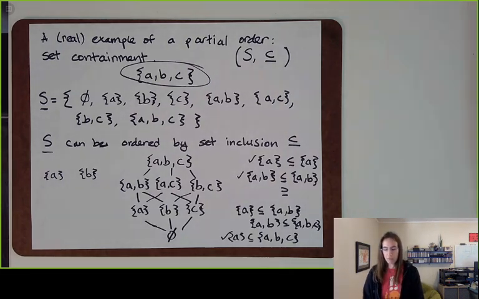And the happens before relationship is just a little different because it doesn't have that reflexivity property. So the happens before relationship is what we call an irreflexive partial order. But in every other way, it's a partial order. Questions about this?